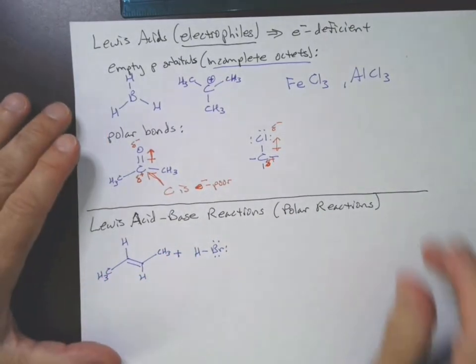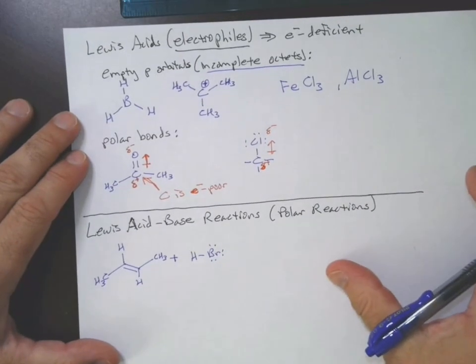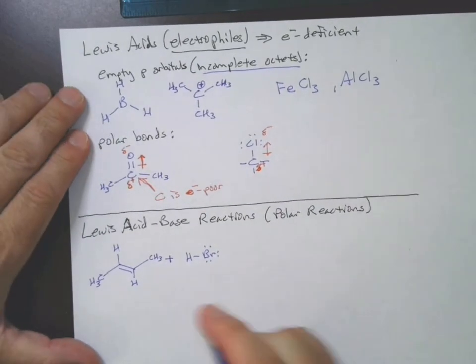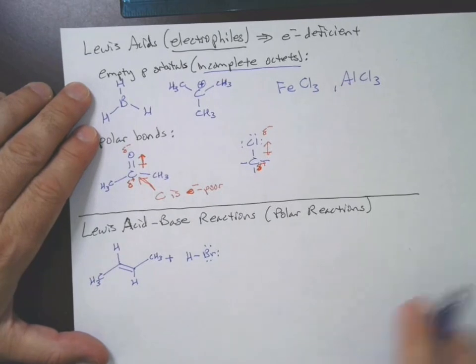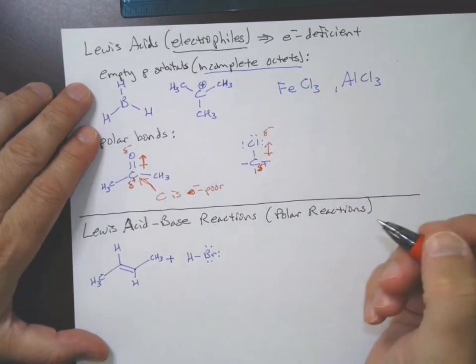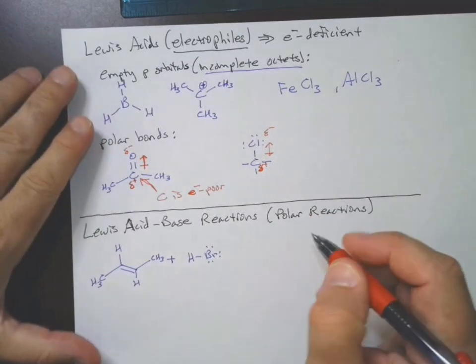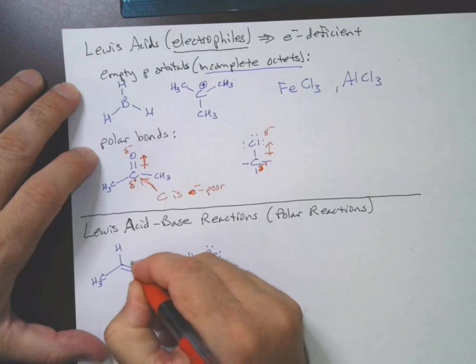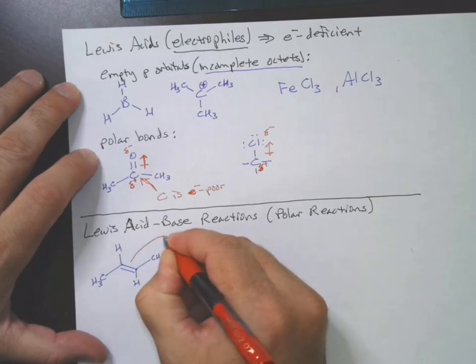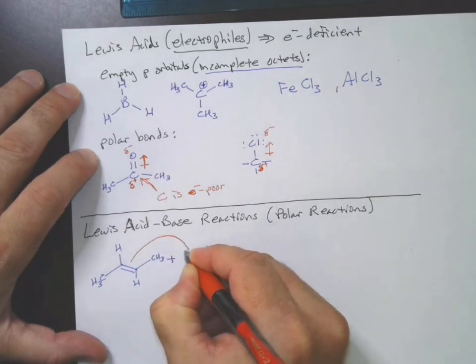So I've got my trans 2-butene, and I'm going to react it with HBr. And I can draw some arrows for my electrons, just like I did in resonance structures. And we'll use them to represent our flow of electrons as new bonds form.